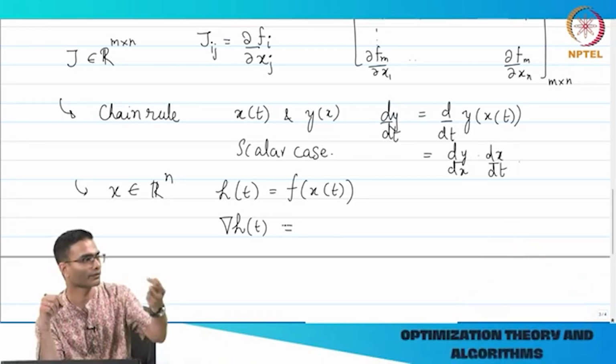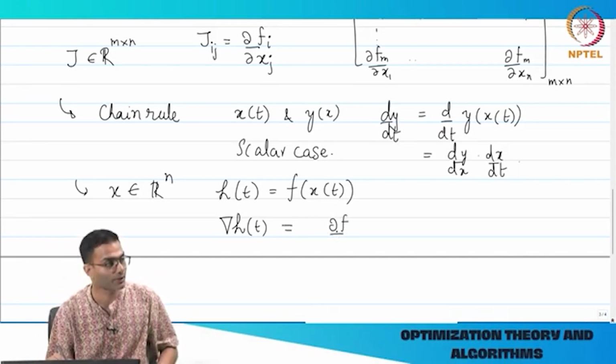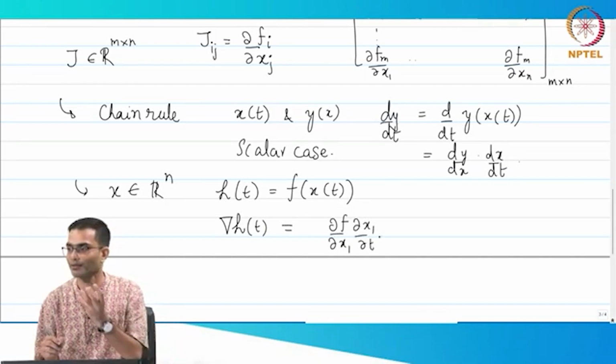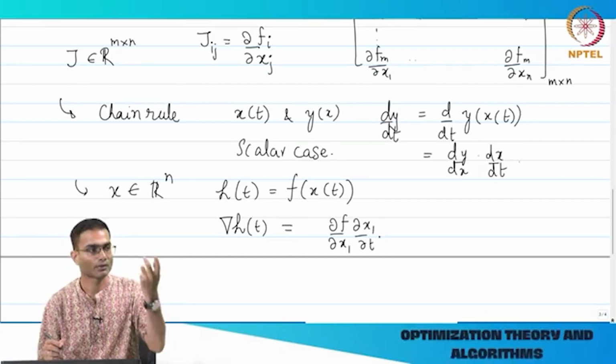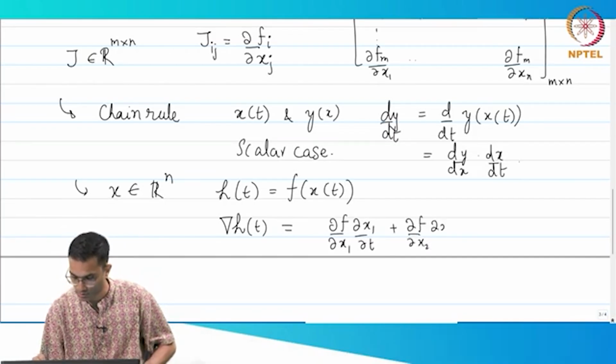I would take the derivative one at a time, right? So, I could do, for example, df by dx1 times dx1 by dt, but that doesn't capture the entire flavor for f. What else is there in it? Correct. So, there's going to be df by dx2 times dx2 by dt.